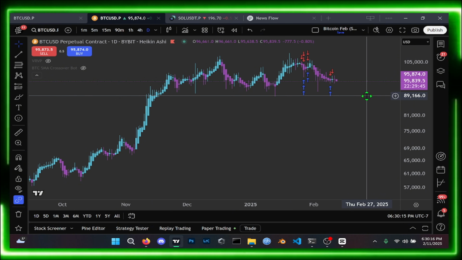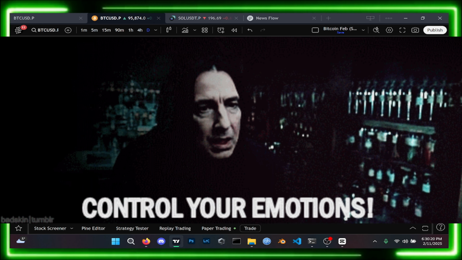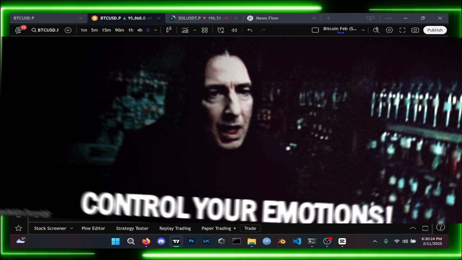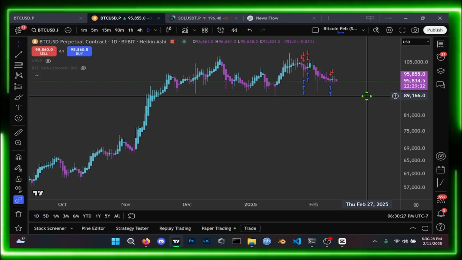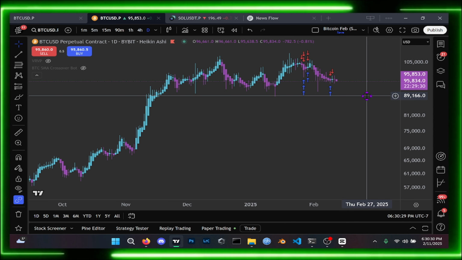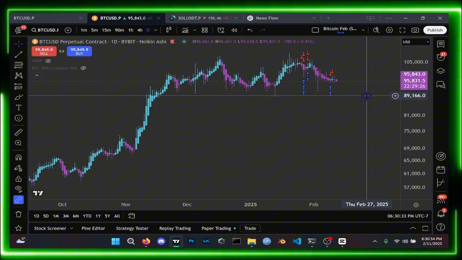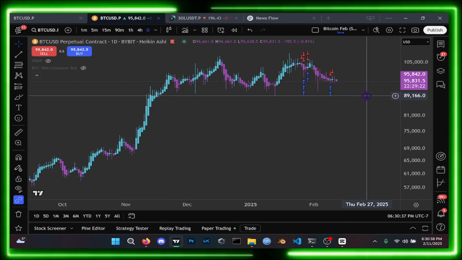But let's make sure we're not letting our emotions get involved, and we're not panic selling as well. You're also going to want to avoid over trading. You don't need to place a trade every day. Like I was saying, 1 to 2 trades a month is really going to be pretty beneficial for you. You're also not going to want to have your emotions get involved.